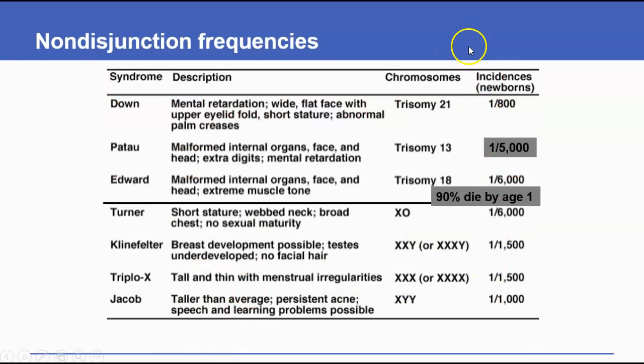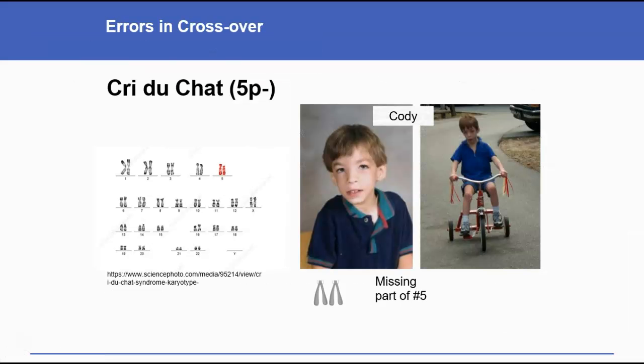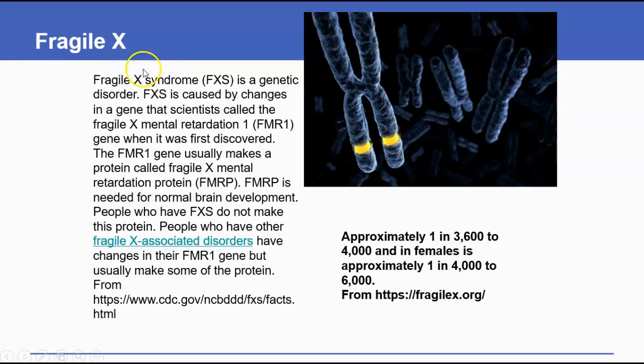You might be a little bit surprised again at the frequency in which these occur. So we talked about these before, and examples of errors in crossover, where you have, again, these genetic disorders. So Fragile X syndrome is another example of these sex-linked disorders, where it's much more common in males than females.